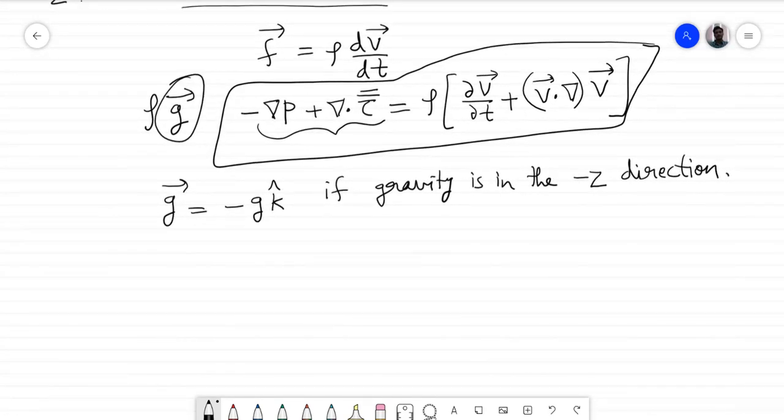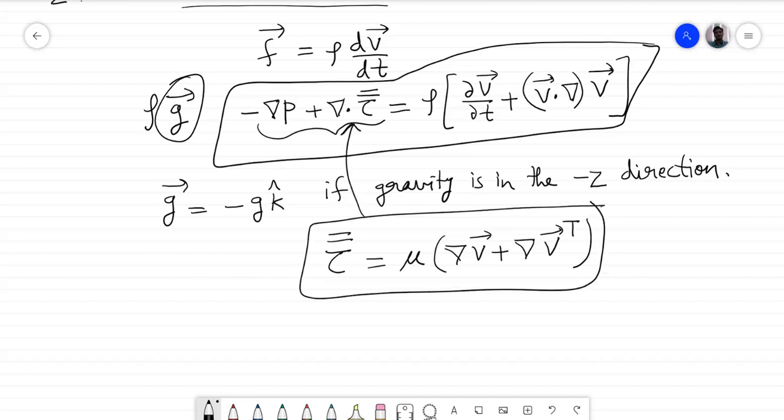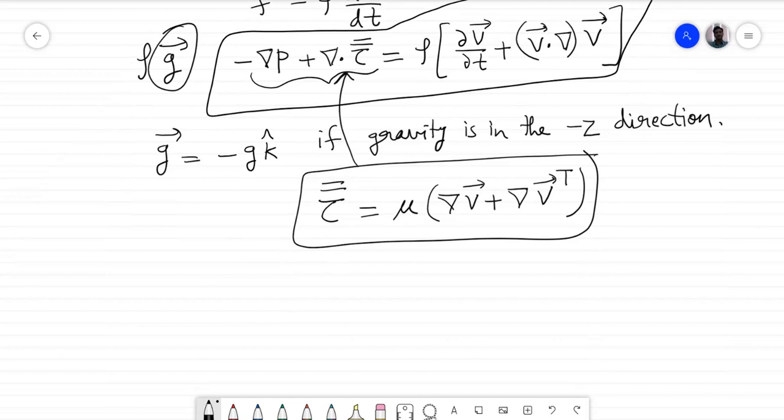Okay, now we also said that if we are talking about Newtonian fluids, then this tau can be expressed as mu times del v plus del v transpose in its general form. Therefore we can just substitute this instead of tau here, and we'll get an equation which is written only in terms of pressure, velocity, density and viscosity.